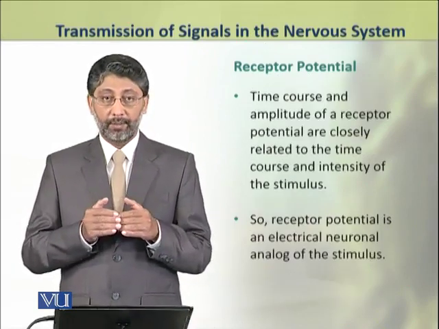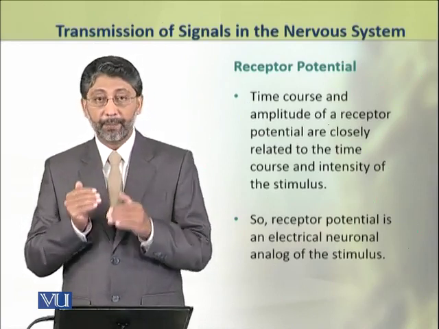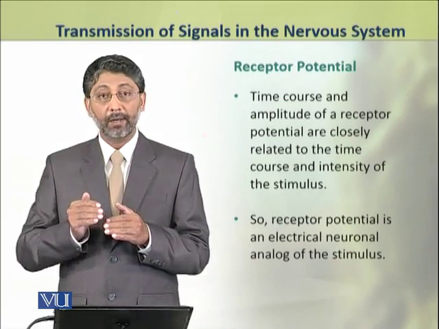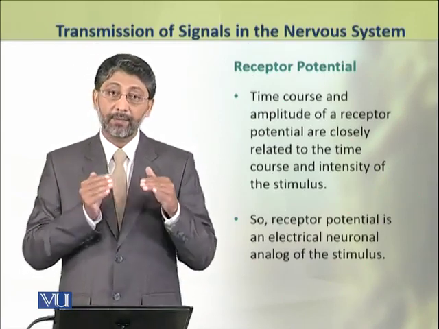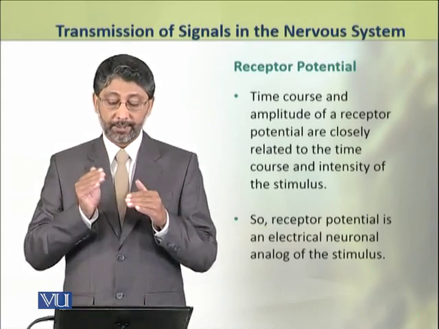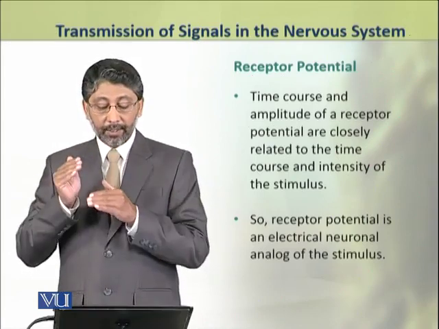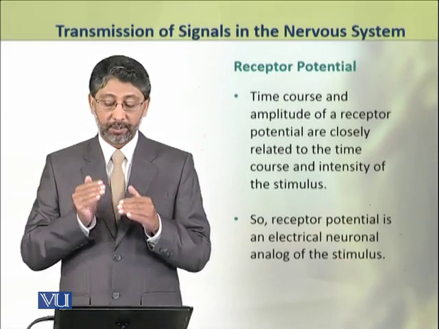Dear students, the time course and amplitude of a receptor potential are closely related to the time course and intensity of the stimulus. So, the receptor potential is an electrical neuronal analog of the stimulus.